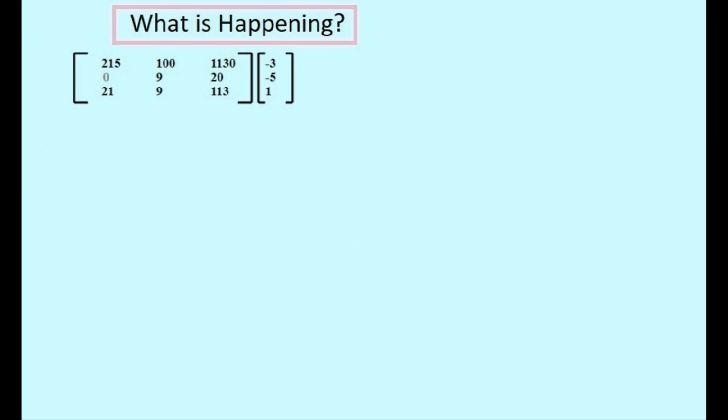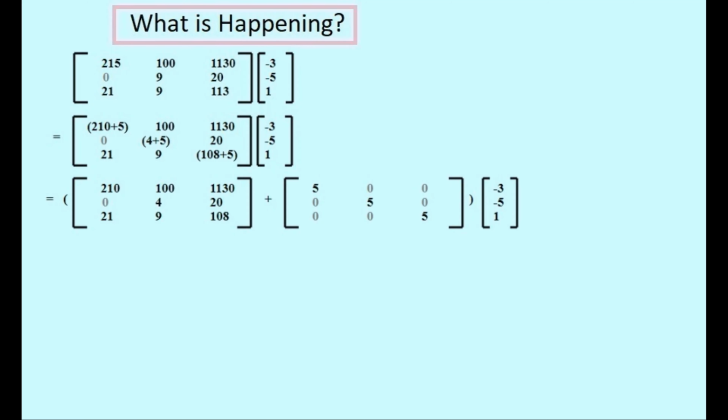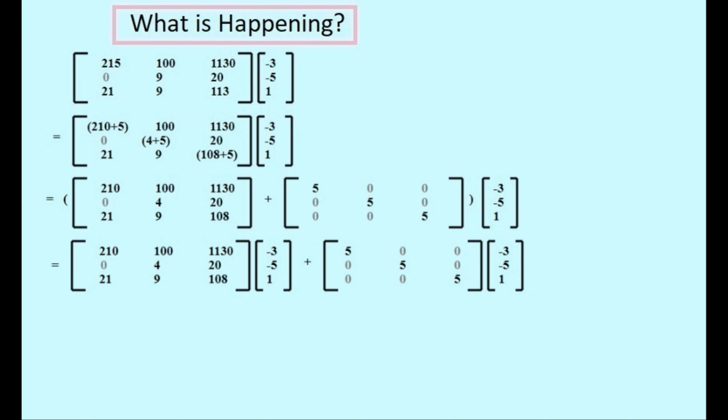So let's see what is actually happening, and why a matrix multiplied by its eigenvector is the same as multiplying this vector by a scalar. We can separate the null matrix and the eigenvalue matrix here. And so this is equal to a null matrix plus a diagonal matrix together multiplied by this eigenvector.